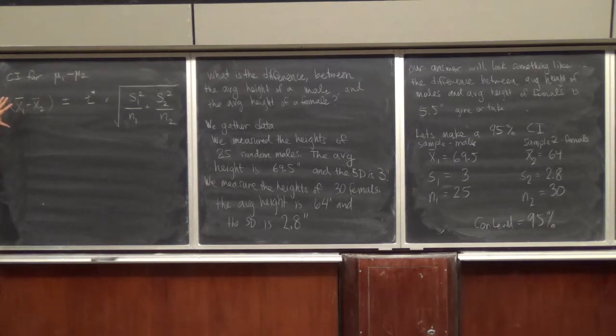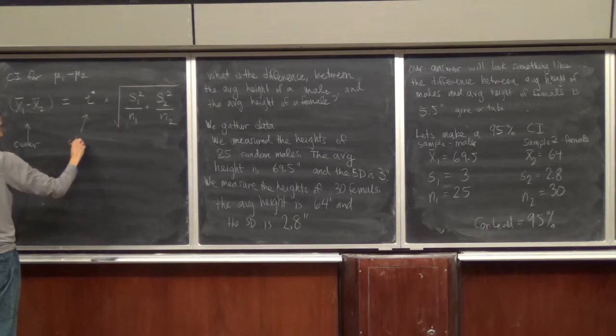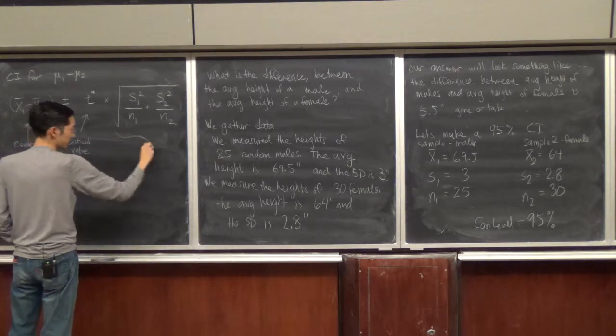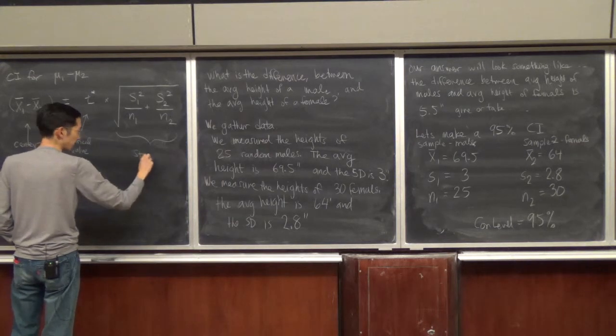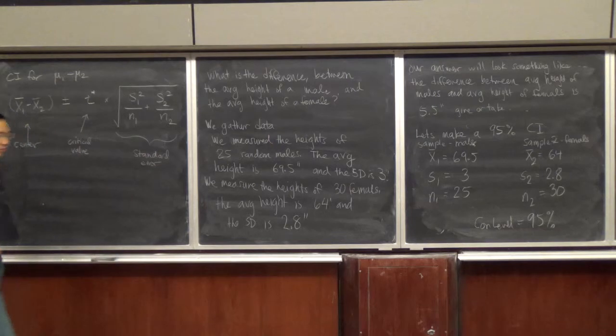This is the formula to find the confidence interval for mu1 minus mu2. This is the center. This is our critical value. And this here is our standard error. Let's plug in our values.